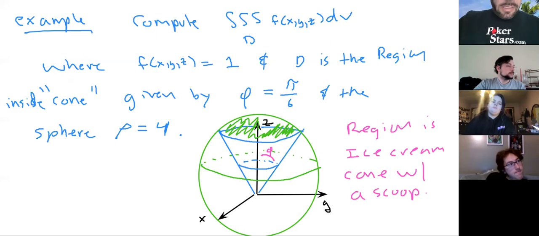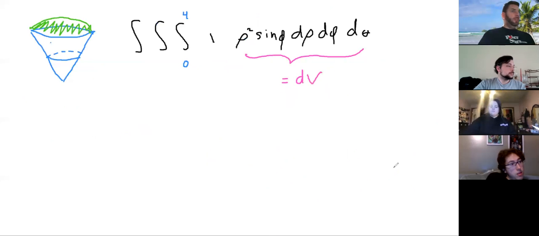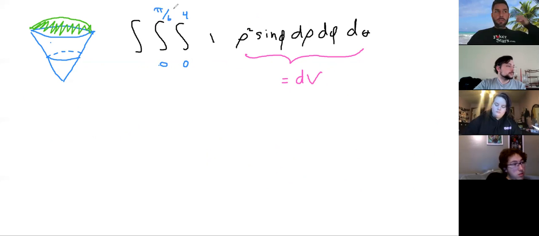And we know that that is fixed. In fact, that's how our cone was described. And so what does phi range from? Well, phi, by definition, is ranging from 0 to pi over 6.